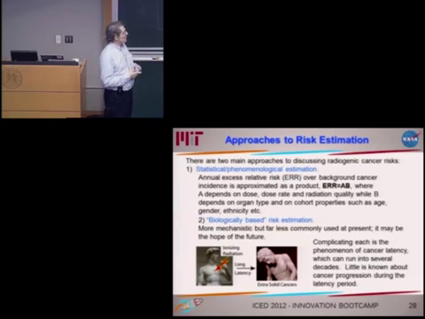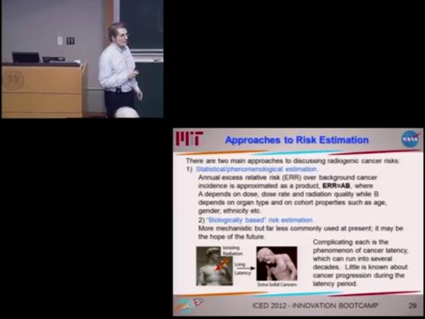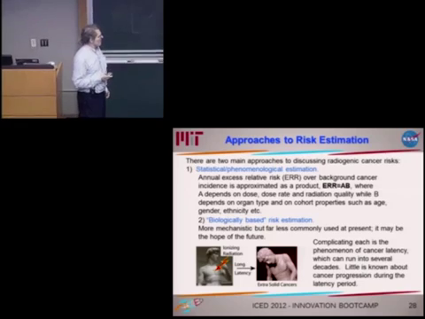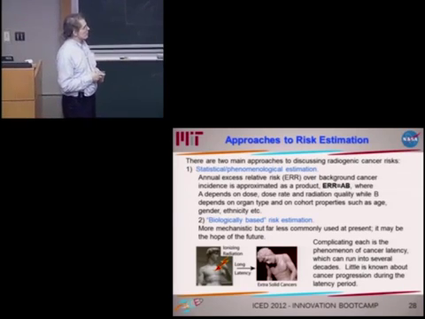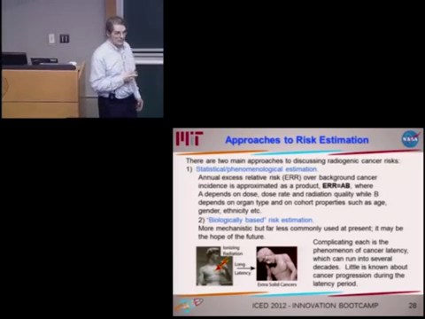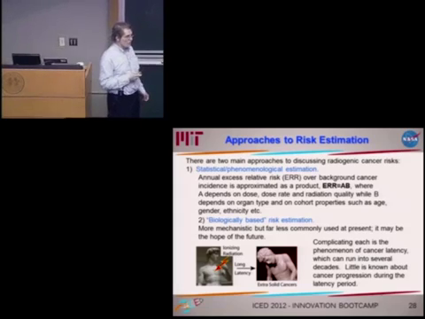The one most commonly used for the purposes of actual policy making is the statistical phenomenological estimation approach. One here considers the annual excess relative risk, the ERR over background cancer incidence, and they take that to be, in effect, a formula like as shown there, the excess relative risk being a product of two inputs.